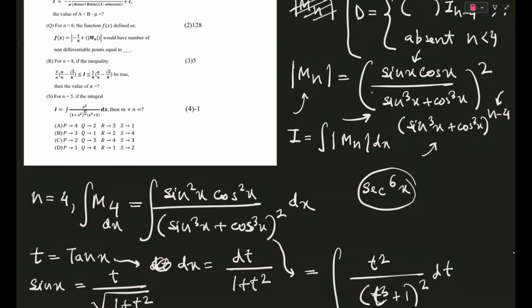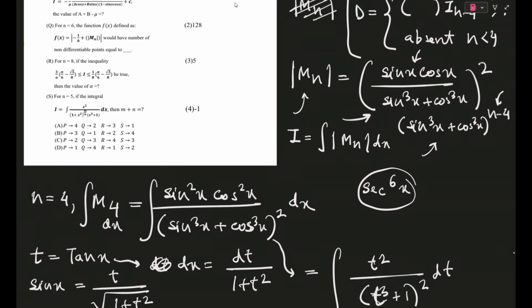And minus 1 by 8 is okay. The outside one is definitely a mod. It would have a number of non-differentiable points equal to, now one more thing, don't forget, I had corrected that, in the interval 0 to 2 pi. So we have to find the number of non-differentiable points in the interval 0 to 2 pi.